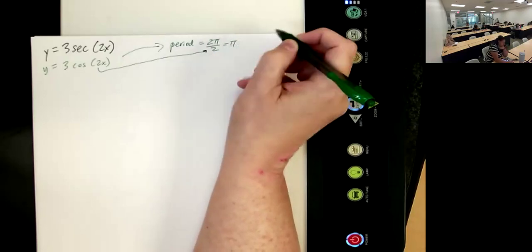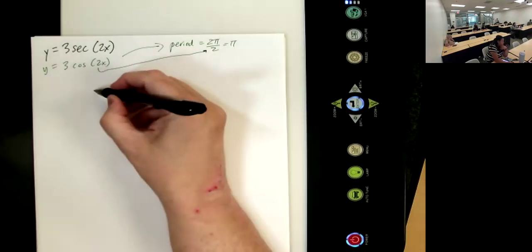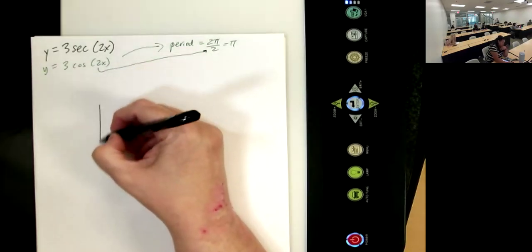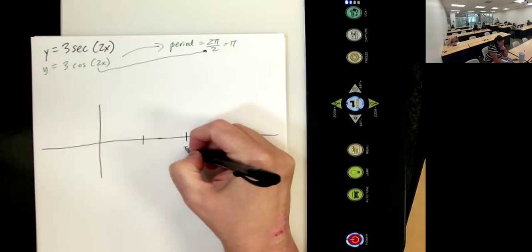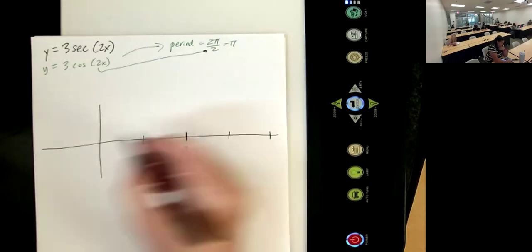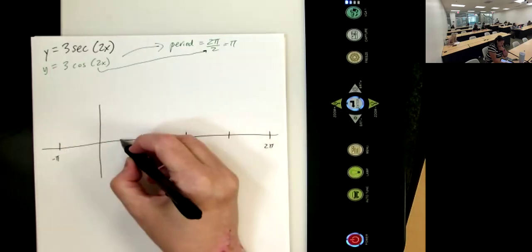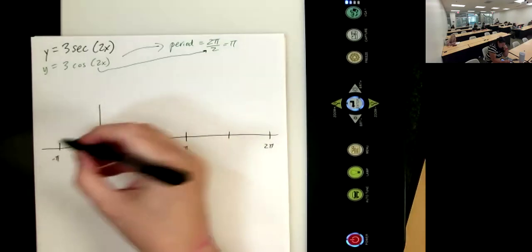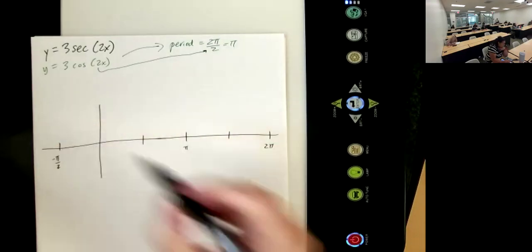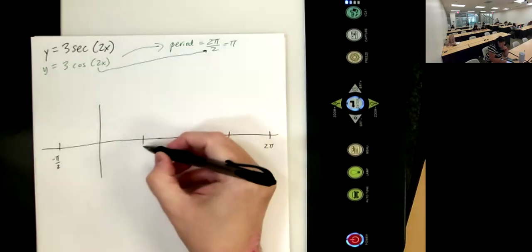So pi. And that means we're probably going from, oop, that would be negative pi over 2. The way I did it, our period would go from negative pi over 2 to pi over 2.